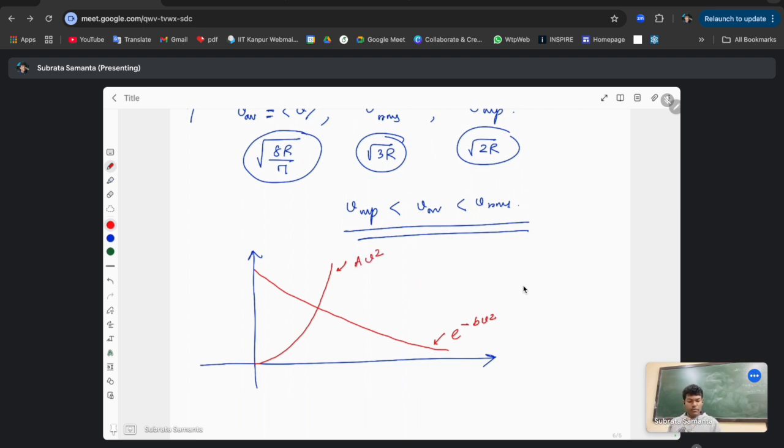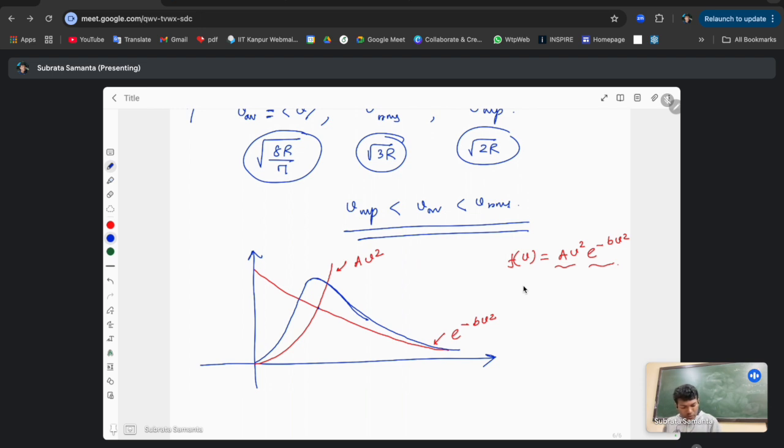Your f of v is a v square times e to the power minus b v square. It's basically the product of these two curves. So you just multiply these two to get this. The maximum is here, something like that.